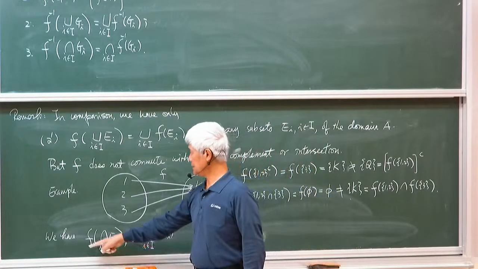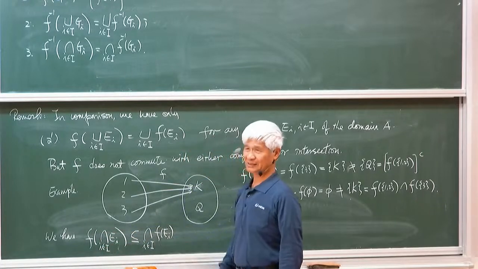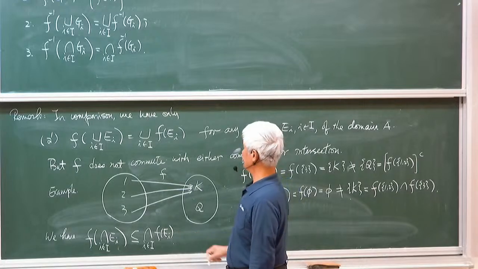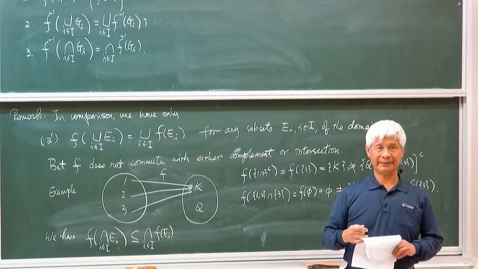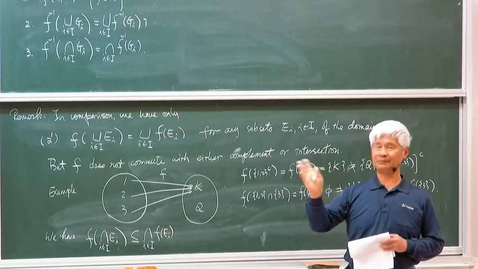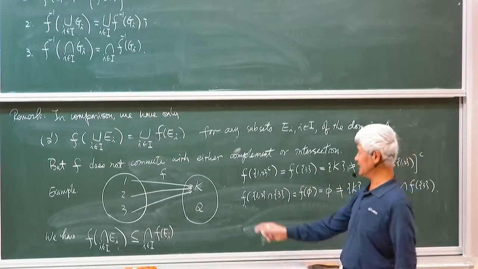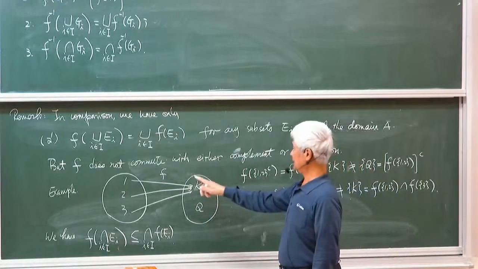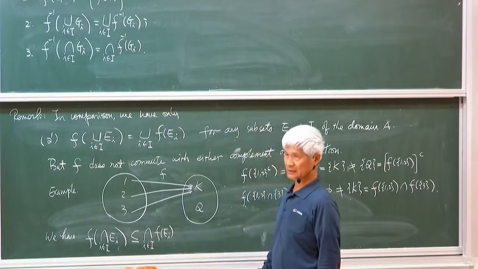So this set is a subset of this intersection. But for complement, it's more complicated. There is no containing at all in some cases. So that complement is more complicated. But for intersection, we have this inclusion.